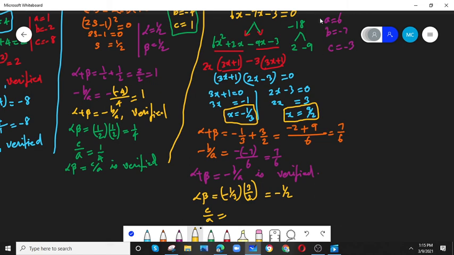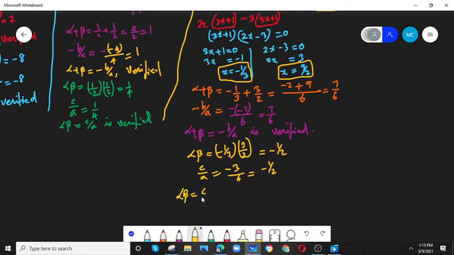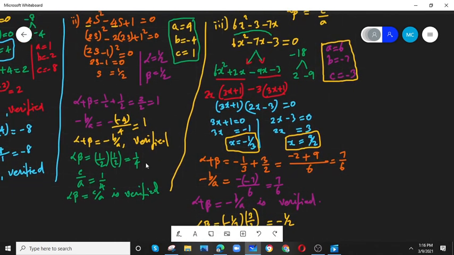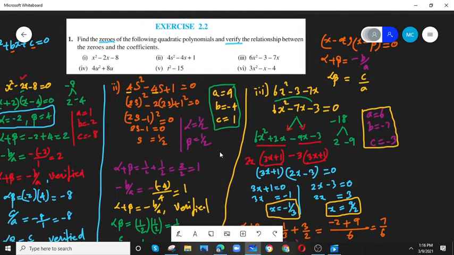C is minus 3, a is 6, minus 3 by 6; cancelling by 3, minus 1 by 2. Yes sir, I verified alpha into beta equal to c by a. So the third question also we verified. Like that, the balance 4, 5, 6 you can do as homework.